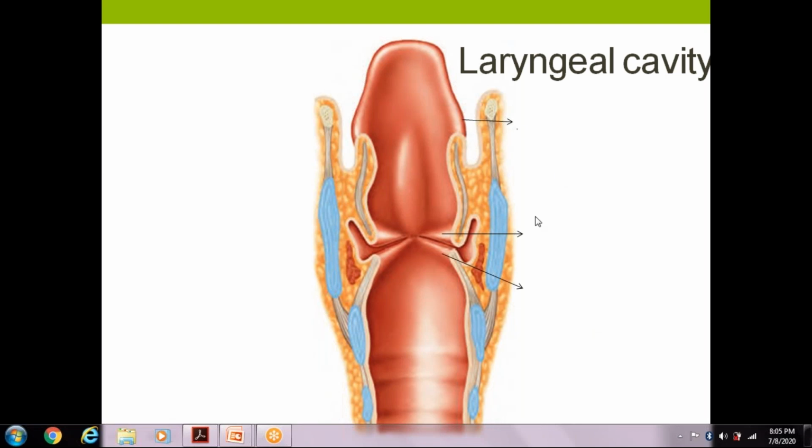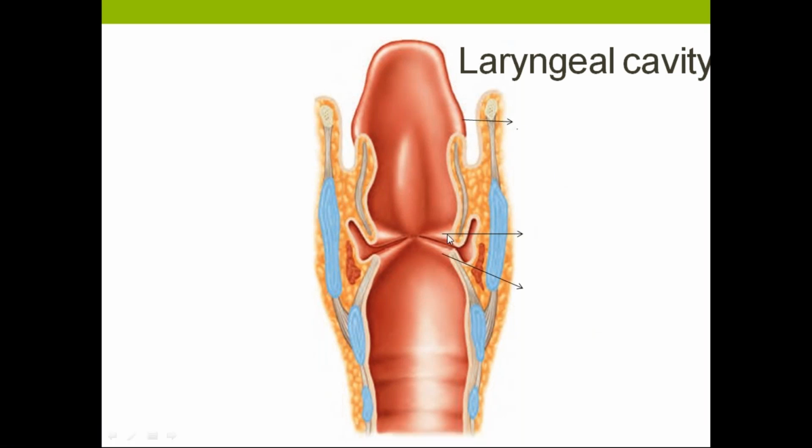It's aryepiglottic fold. The second fold here is the, what is the second fold? Yeah, it's vestibular fold. And the third one here, you can see the third one is the vocal fold. Okay, good. I got a good response.